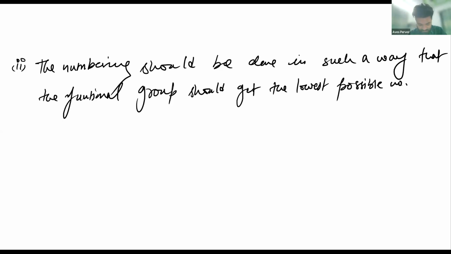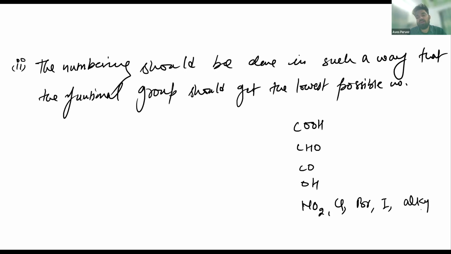Are you getting my point? Yes, sir. Okay. And first of all, there is a preference. The first preference is given to carboxylic acid. I mean, the shortest number should be given to carboxylic acid, then aldehyde, then ketone, then alcohol, then nitro, NO2, chloro, bromo, iodo, or alkyl group.